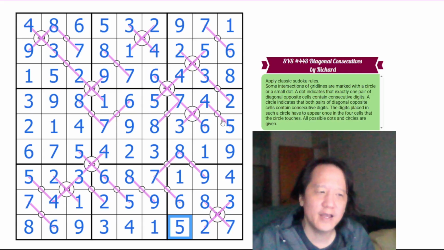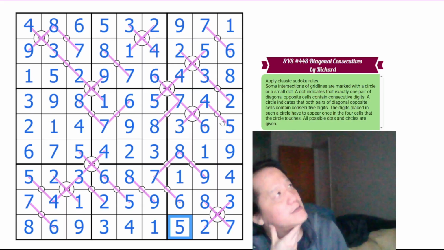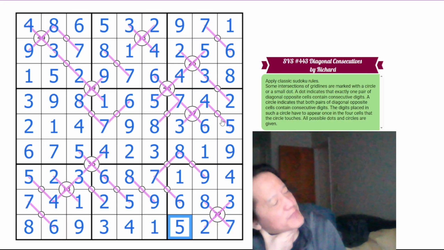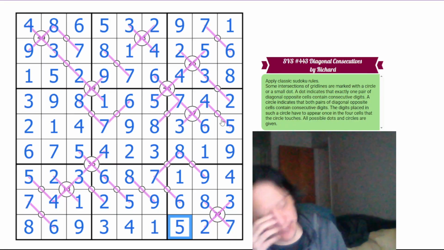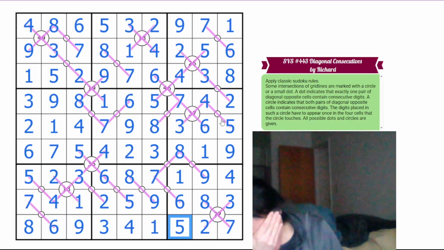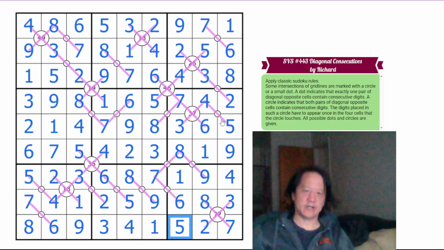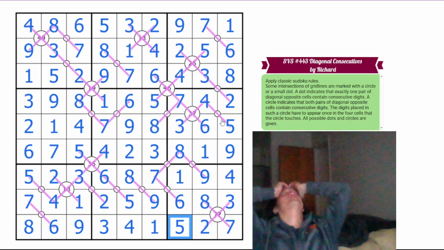I don't know. Would I consider this easy? It's in between easy and average for me. Obviously, if you understand the rule set, it's not trivial, but I'm not sure how to describe this.